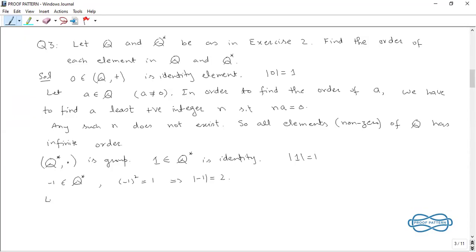Okay. Let A belong to Q star, and A is not equal to plus or minus 1.